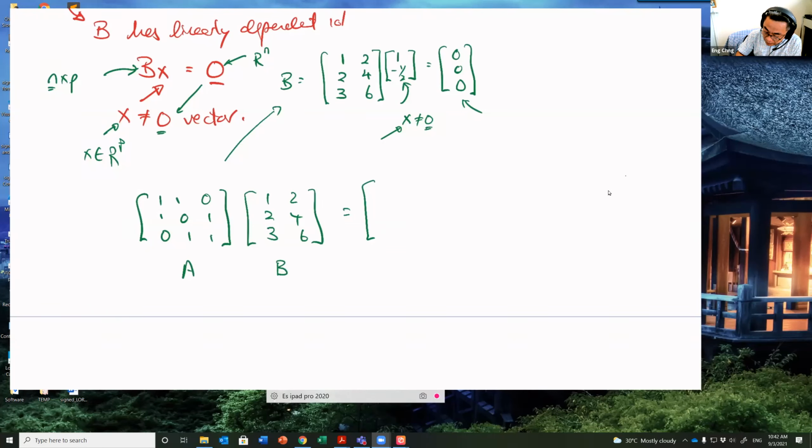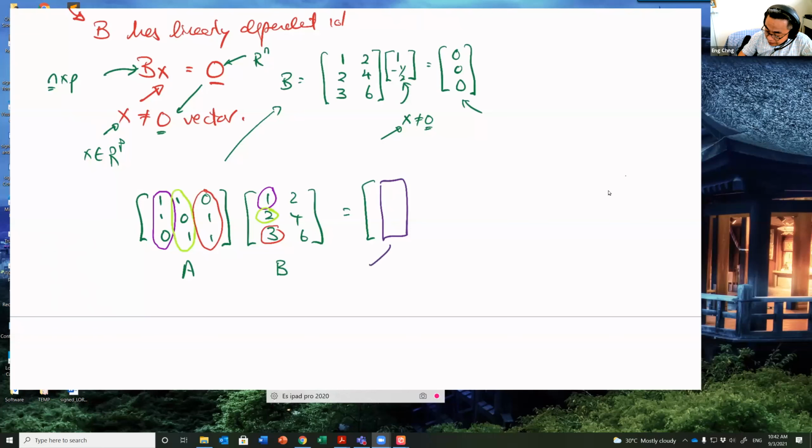This column multiplied by this row, this one multiplied by the second row, and the third one multiplied by the third row to give this value here.